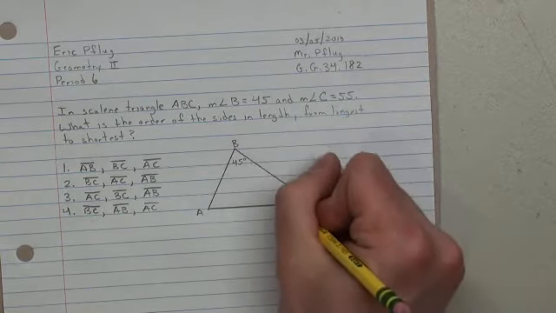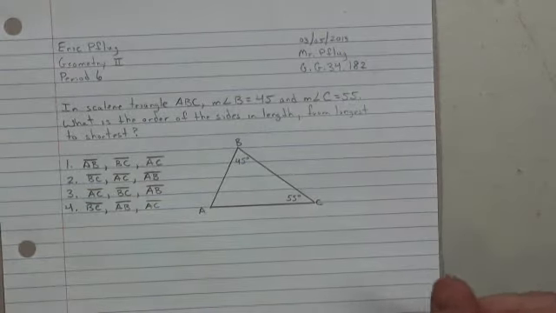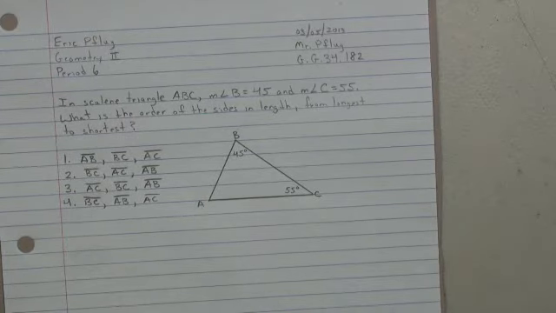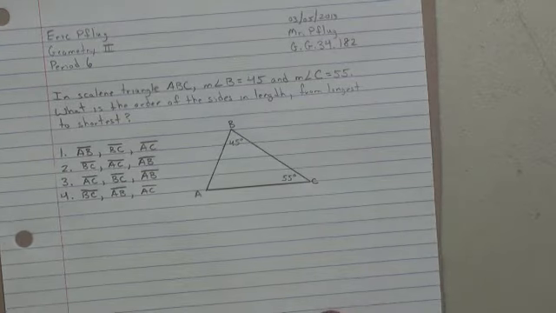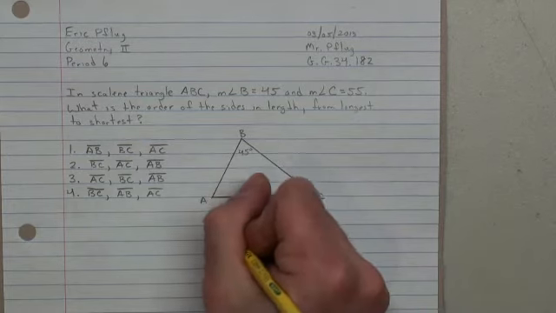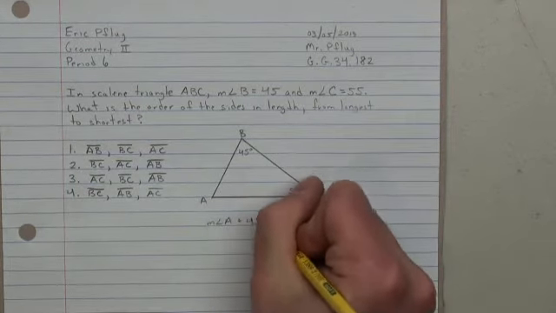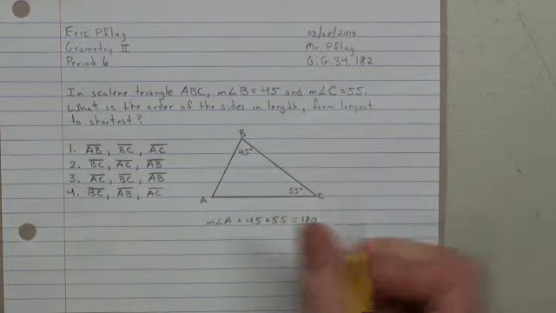The measure of angle C is 55 degrees. They want to know the order of the sides in length from longest to shortest. But we can't find that until we find the measure of angle A. We need to know all of the angles. Well, we know that the measure of angle A plus 45 plus 55 equals 180.